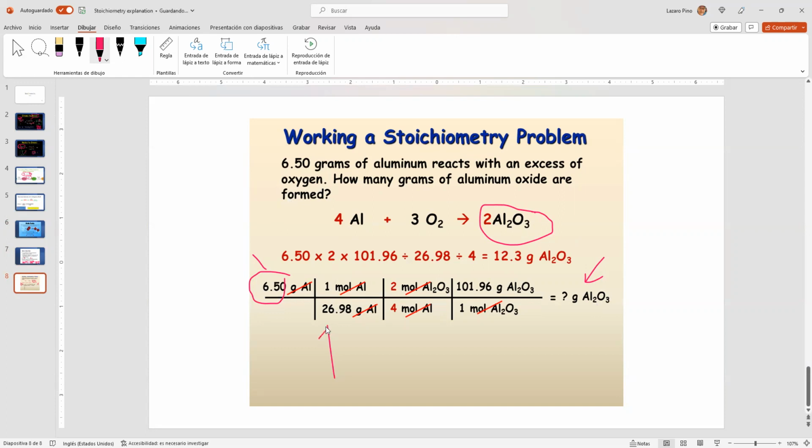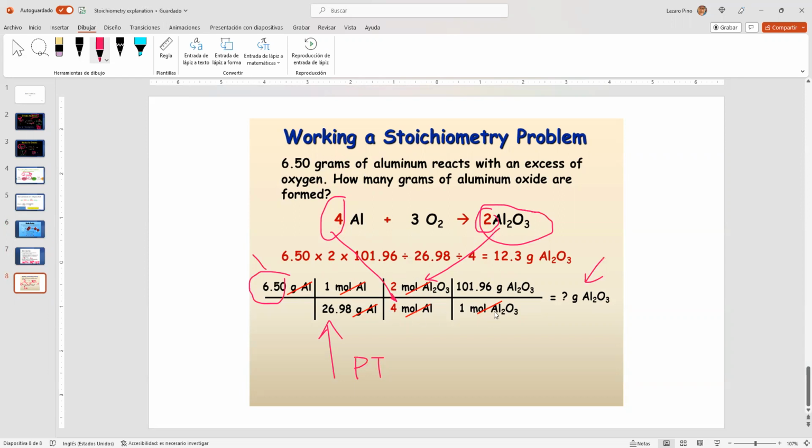This is from the periodic table. And you can see that 26.98 grams is 1 mole of aluminum. Then you go to the moles in the chemical reaction, and you can see that 4 moles of aluminum produce 2 moles of aluminum oxide, according with the coefficients in the chemical reaction.